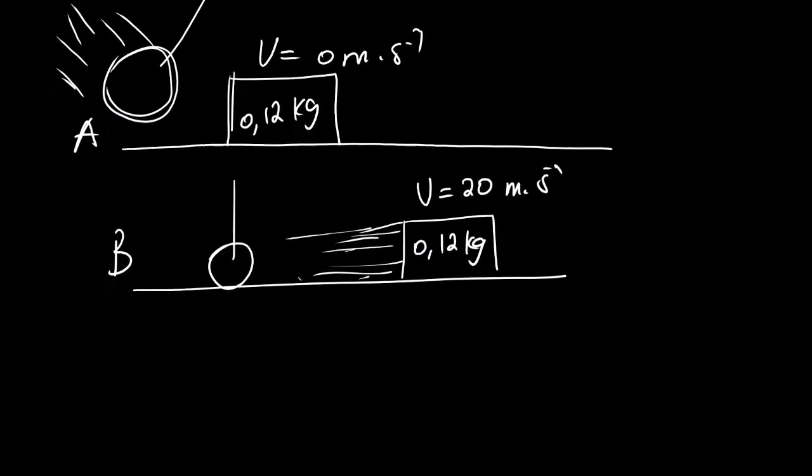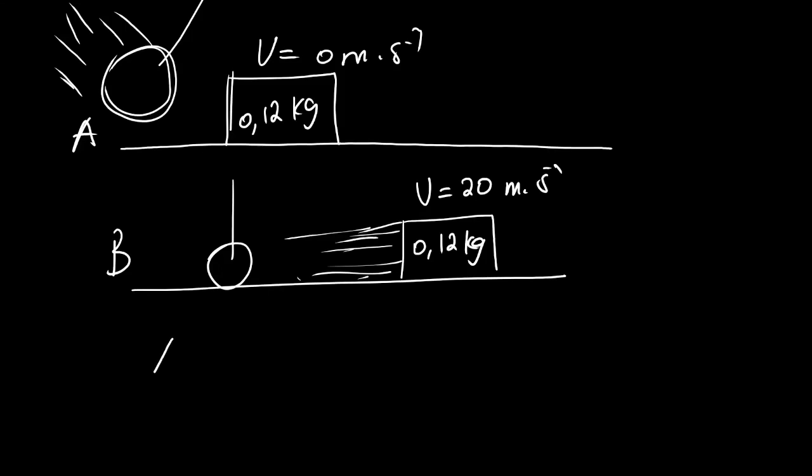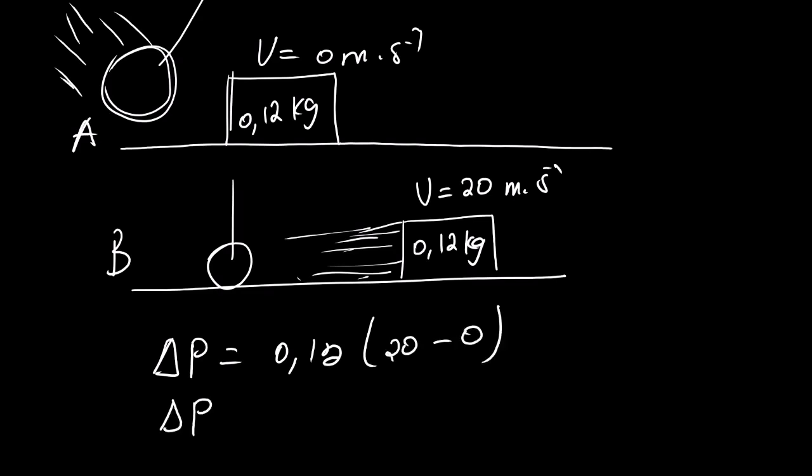What is the change in momentum of the object? 0.12 times the final velocity 20 minus initial 0. The change in momentum is actually 2.4 kg meters per second.